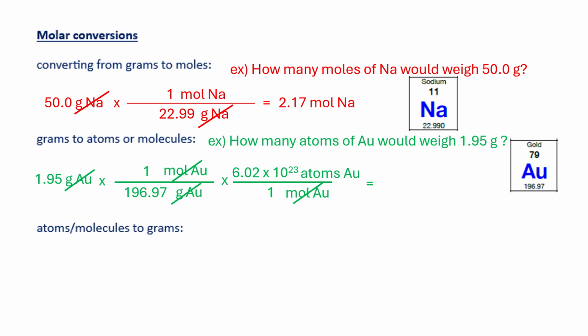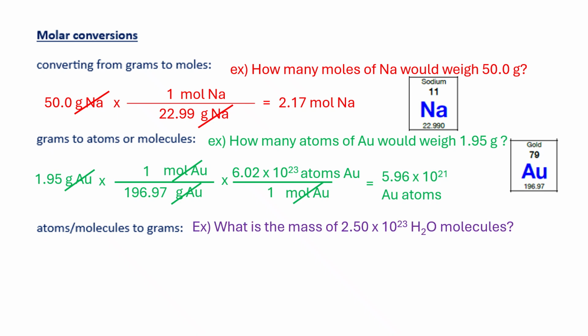It doesn't really matter, but you should get, and again, you'll need a scientific calculator for this, or you can use one on Desmos or on your computer, but you should get a very large number, 5.96 times 10 to the 21st gold atoms, which makes sense because it's a huge number because we're talking about atoms, but it's still way less than a mole of gold. And if you look at our starting number, 1.95 grams is almost exactly 1/100th of a mole of gold.